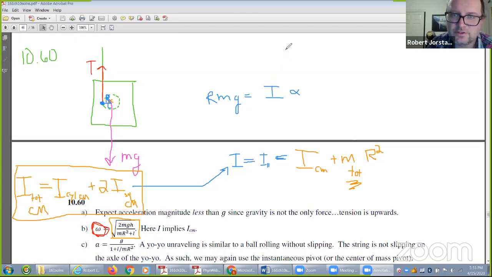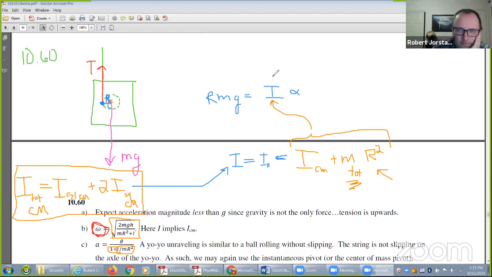So that's what you need to shove in right there. All of this gets plugged in right there. And once you do that, I hope you see this mr squared in the equation right there. In case you're wondering where that comes from, this 1 plus, it's basically from this parallel axis piece.